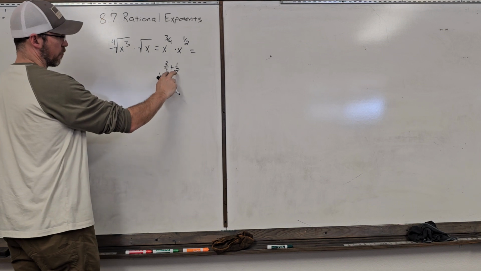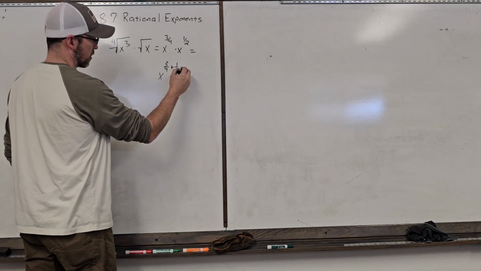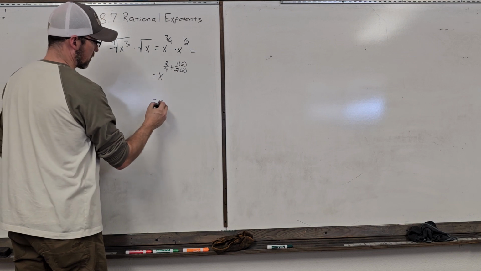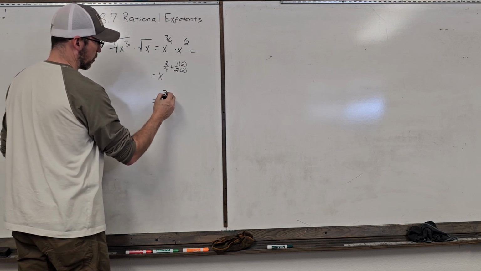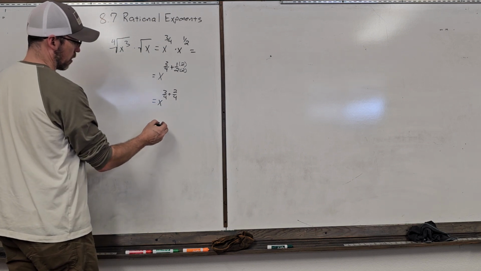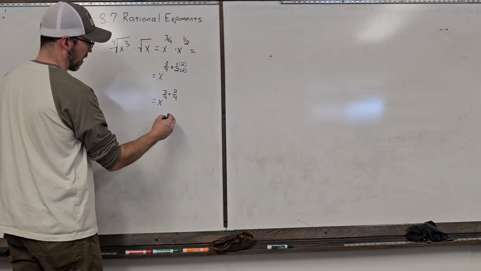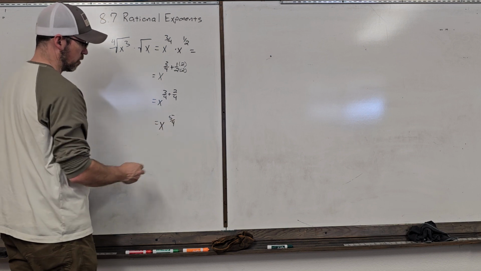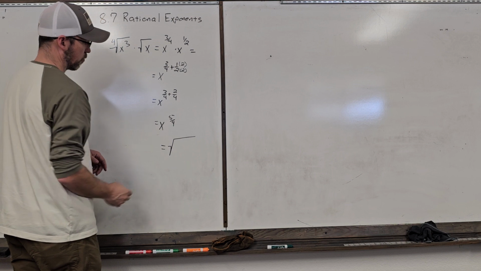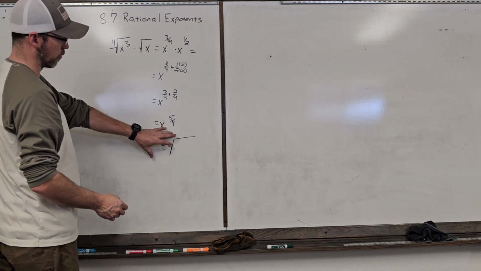I add the exponents. I can't add them until I get a like denominator. The LCD between 4 and 2 is 4, so I got to multiply this by 2 and this by 2. And I'm going to get x to the 3/4 plus 2/4, which is equal to x to the 5/4, which is equal to the radical.